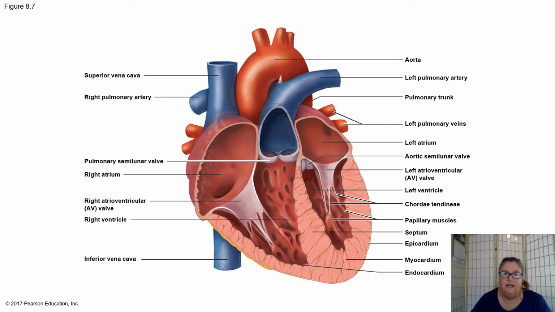All right, now we're in the left atrium. So this is blood that's oxygenated now, and it's returning to the left atrium. It's again under low pressure but higher oxygen, and it's flowing through the open left atrioventricular valve into the left ventricle.